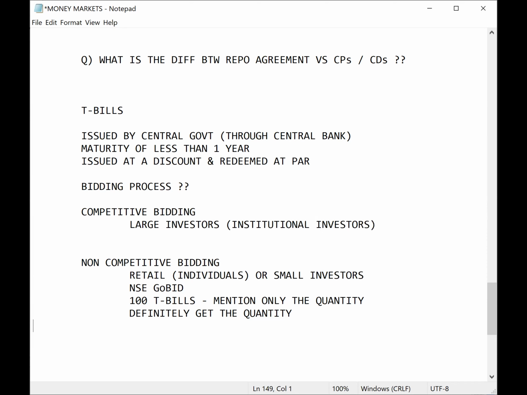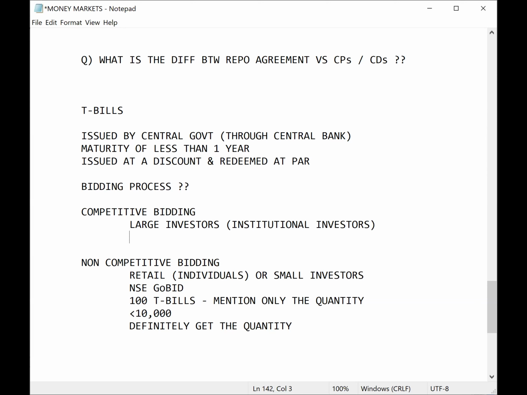See here, you will have a certain limit, that you cannot subscribe to more than 10,000 units.